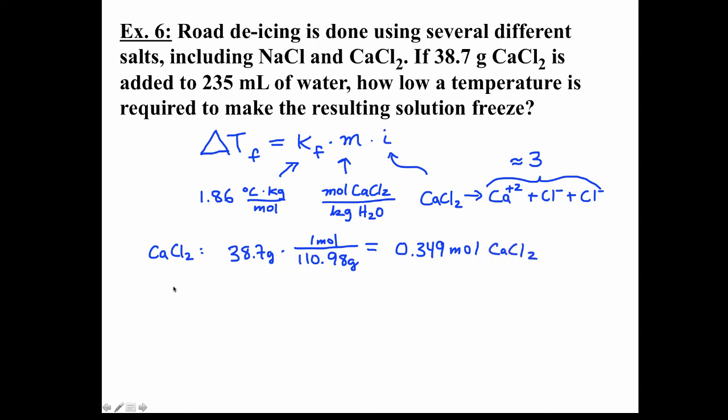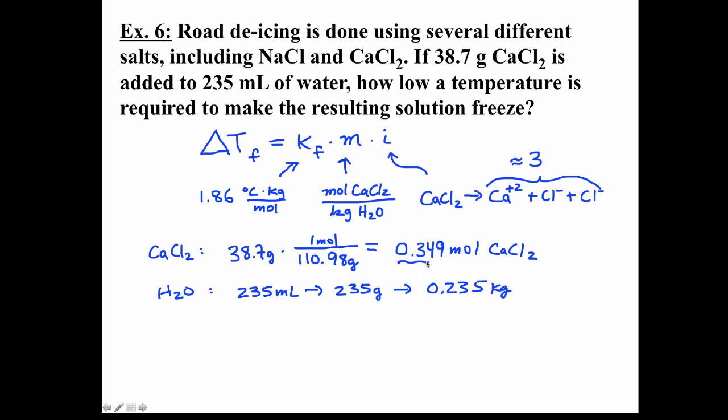For kilograms of water, well, what we have for water is 235 milliliters, and 235 milliliters is about the same as 235 grams, and 235 grams is about the same as 0.235 kilograms.